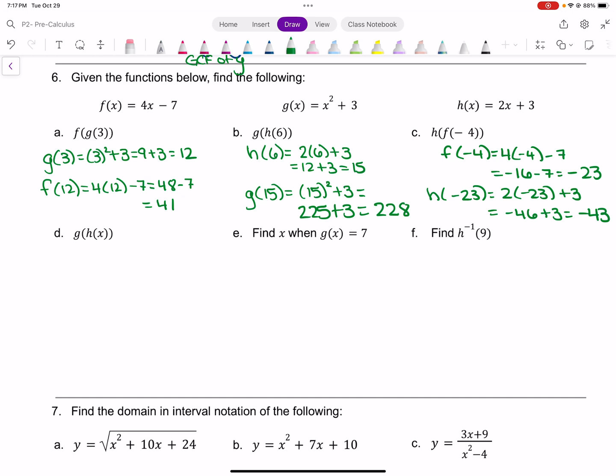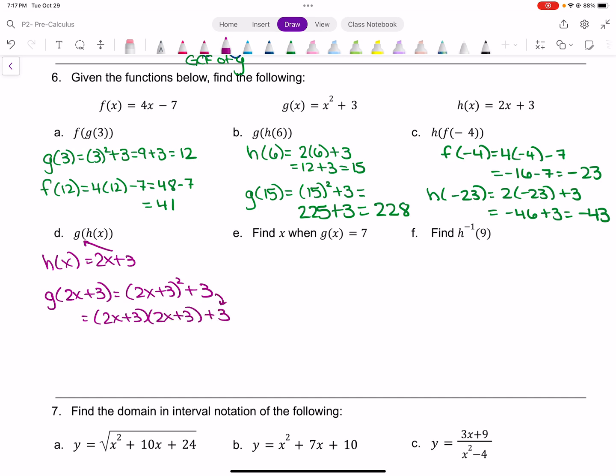For d, h of x is just h of x. And then it's telling me to take that and plug it into g. So you're doing g of 2x plus 3. So plugging in for x, we have (2x + 3) squared plus 3. So we're going to write the 2x plus 3 twice.